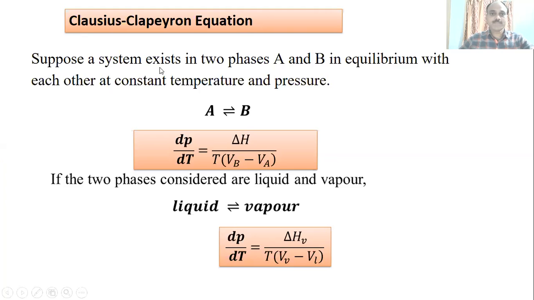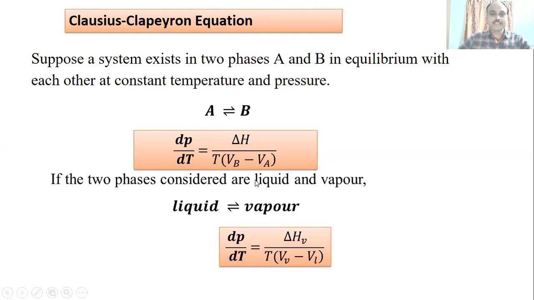Suppose a system exists in two phases, A and B, in equilibrium with each other at constant temperature and pressure, that is A equilibrium B. The equation is dP by dT, that is the change in pressure over the change in temperature, equal to delta H naught by T into (VB minus VA), that is product minus reactant. This is important.